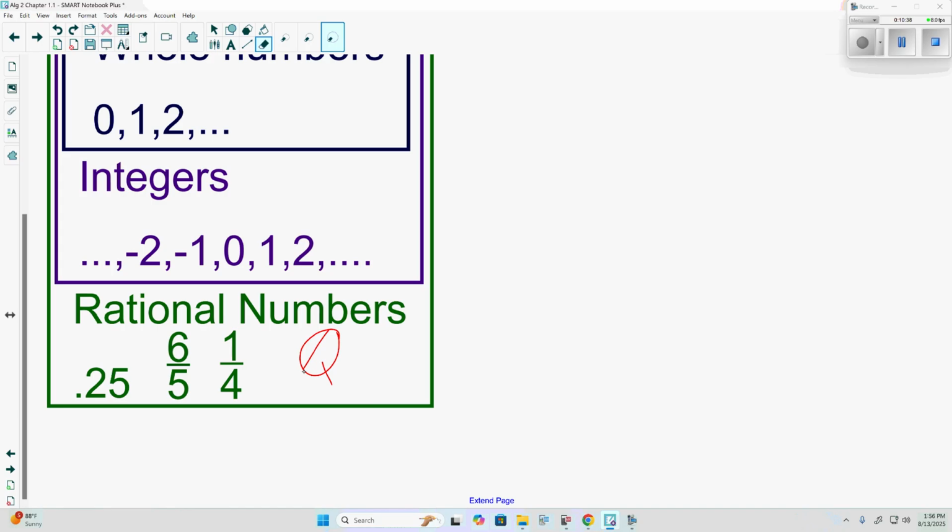We are getting these numbers between our integer numbers. So 0.5, 6/5, 1/4, 0.25 and 1/4 are the exact same thing. We call these numbers rational numbers, ratio, comparing two numbers to each other. They are a ratio.